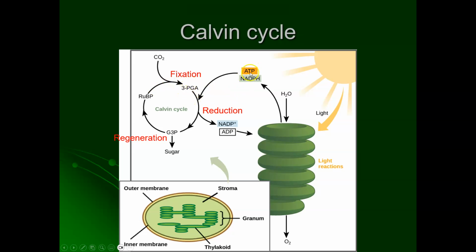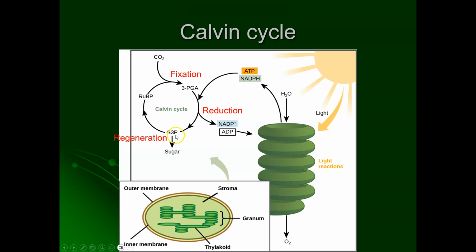Then we spend our ATP and our NADPH to reduce the 3-PGA to make sugars. The sugar that we make, according to that summary reaction video, is glucose. However, in reality, we make something called glyceraldehyde 3-phosphate, or what this picture is calling G3P. If you put two G3Ps together, you can make glucose.